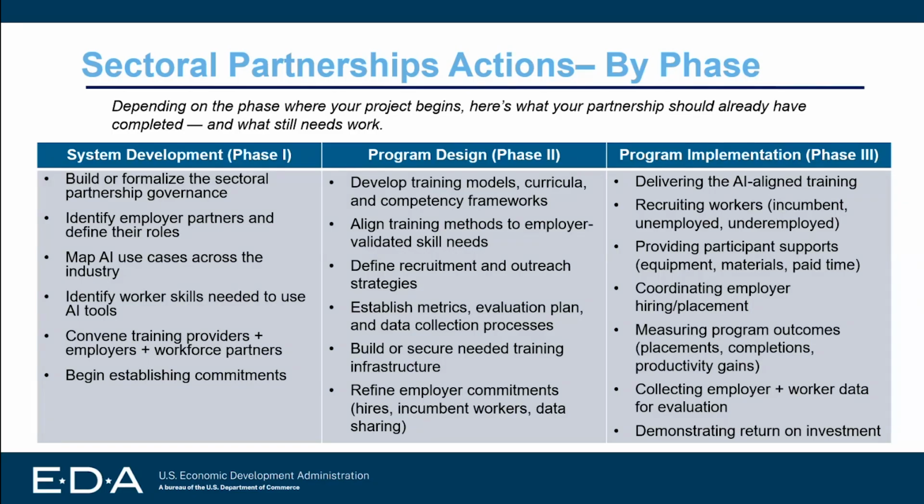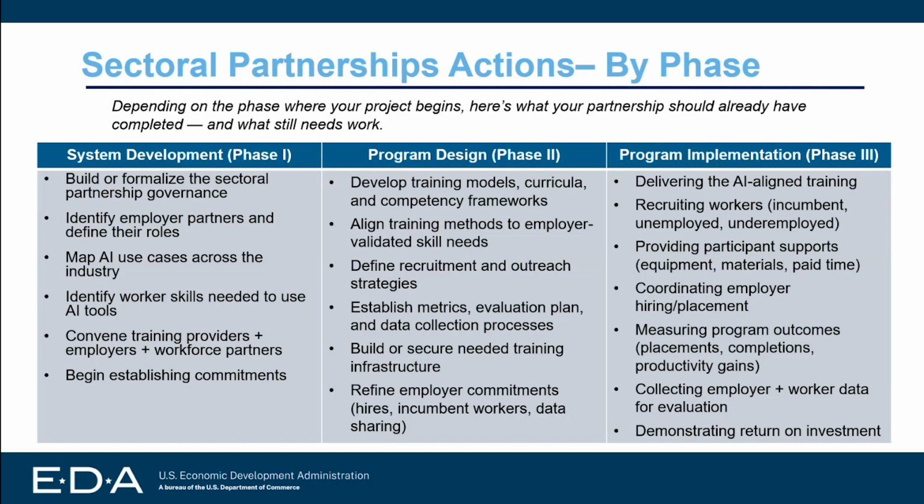Program design is where you develop curriculum, identify training providers, create competency frameworks, define recruitment strategies, and establish data systems. If these pieces are not in place, you will need to propose a project for phase two. So you can look and see, well, we've got everything in system development done, not quite in program design. That is likely a good place for your proposal to start.